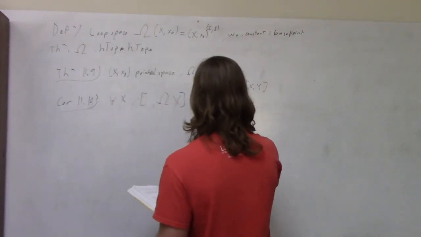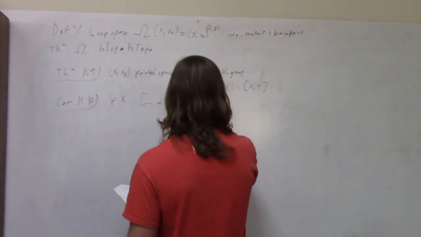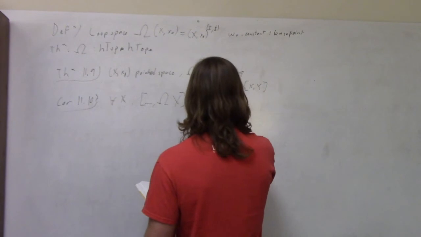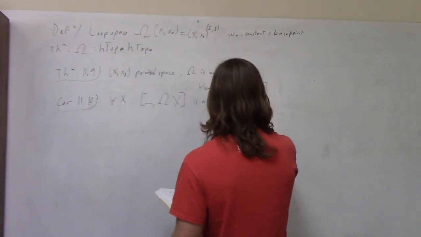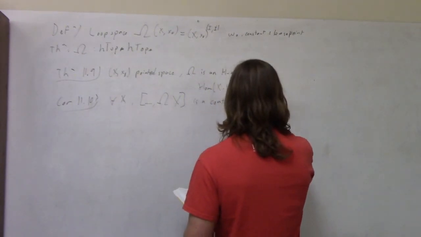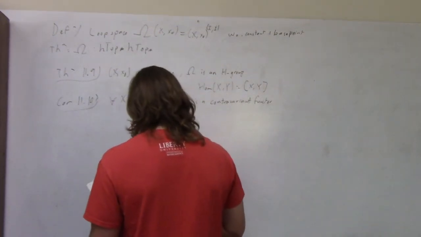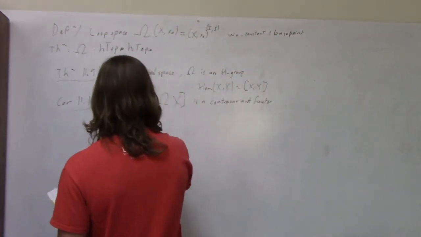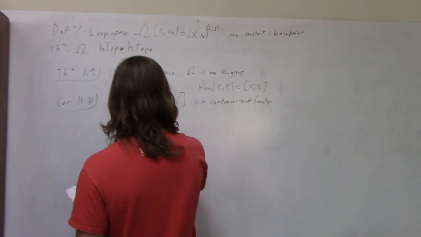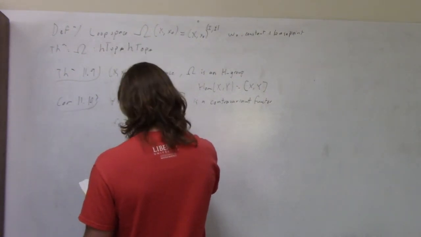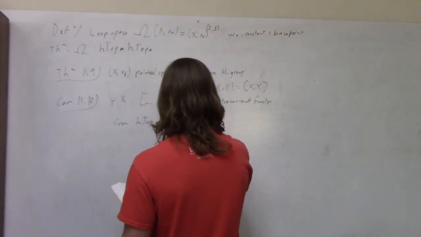Okay, and this is a contravariant functor from H top star to groups.